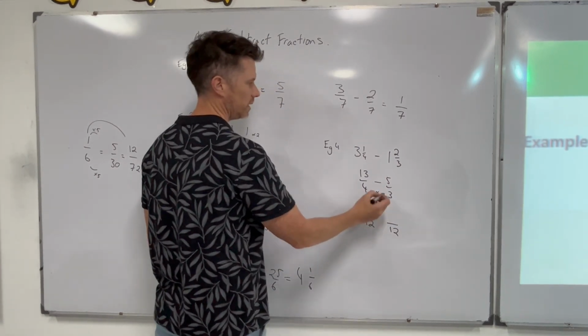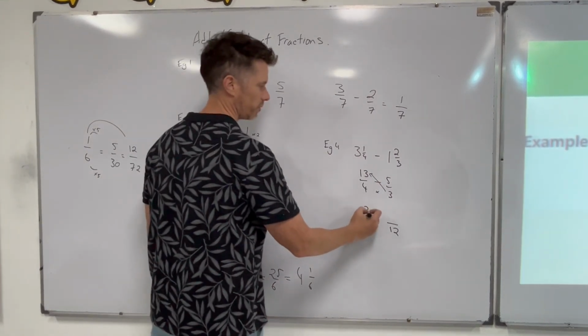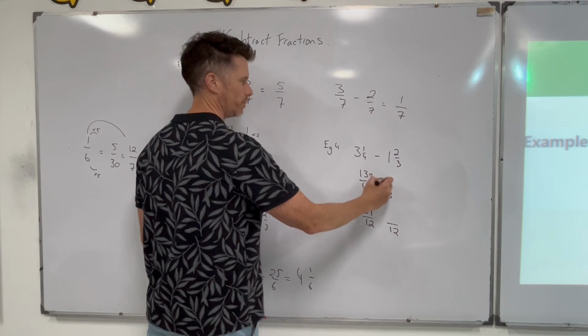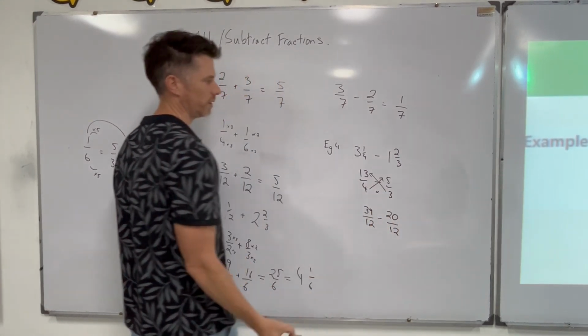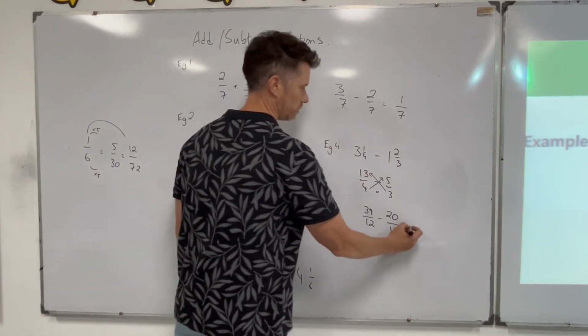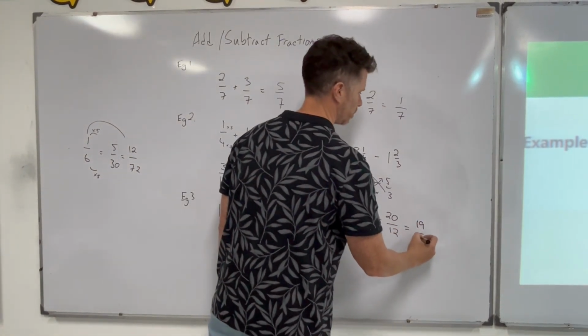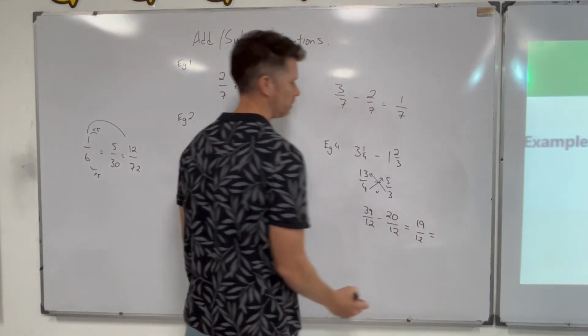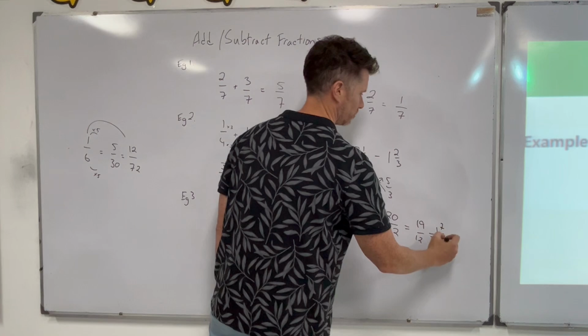Then this will multiply by this to give 39, and this will multiply by this, 20. The subtraction is still there. And now what's my answer? 19 over 12, which I can convert to 1 and 7/12. Very good.